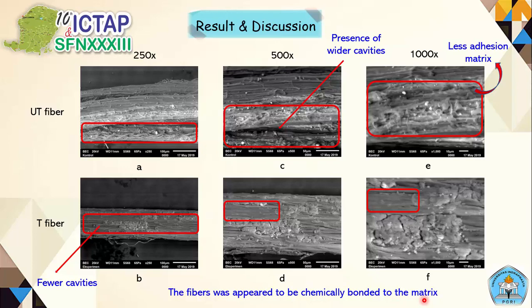The fiber also appeared to be evenly distributed on the composite surface. In technical applications of natural composites, the structure of agave fiber could affect the mechanical strength. So, based on the surface structure, immersion treatment with 5% alkaline sodium hydroxide could qualitatively increase the strength of agave fiber. And next slide.